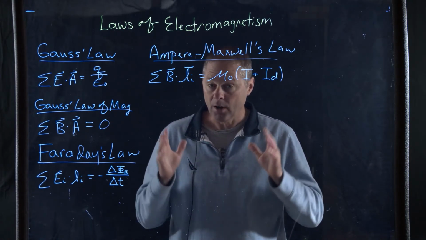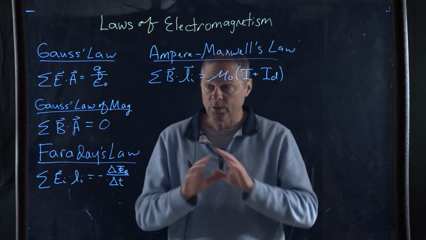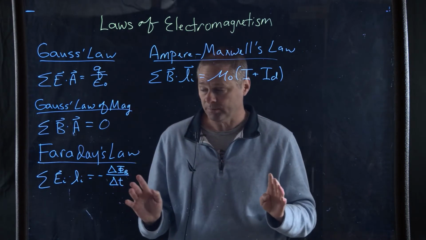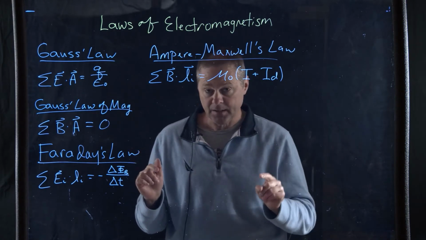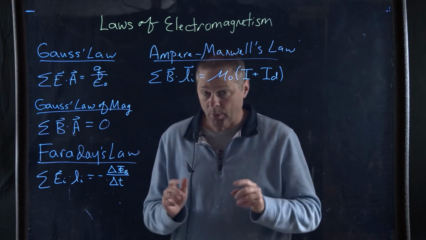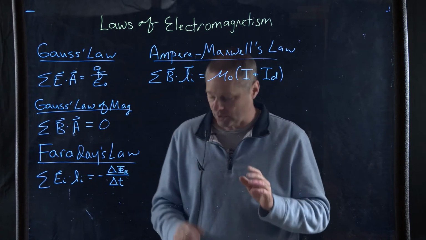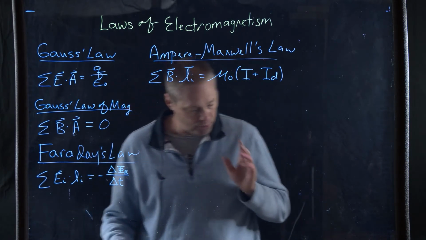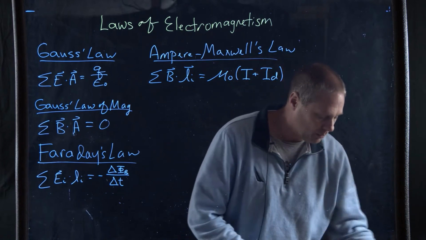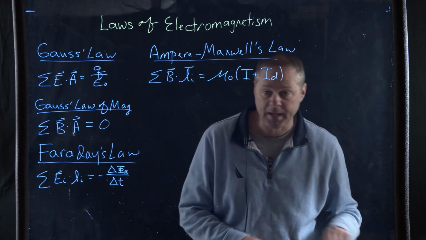So let me repeat that. What Maxwell did was he unified these four laws, showed that the electric field and the magnetic field can support a wave that travels through space. Now, if it's a wave that travels through space, then that wave must have some kind of speed.